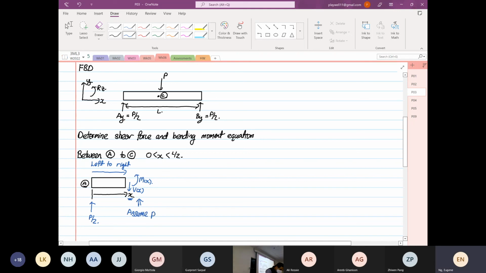positive shear and positive bending moment. Okay, left to right analysis. Okay. Then from here, we do static analysis.